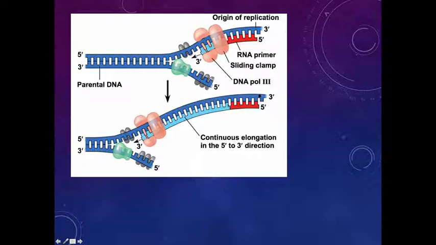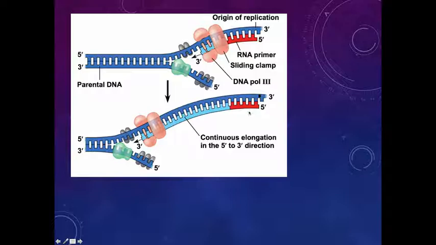From there, DNA polymerase 3 can be used to add nucleotides from that point on. So this pink molecule you see here is actually DNA polymerase 3 adding new nucleotides from the 5' to 3' direction. Now, going back here, the RNA primer must be replaced by the end of DNA replication.